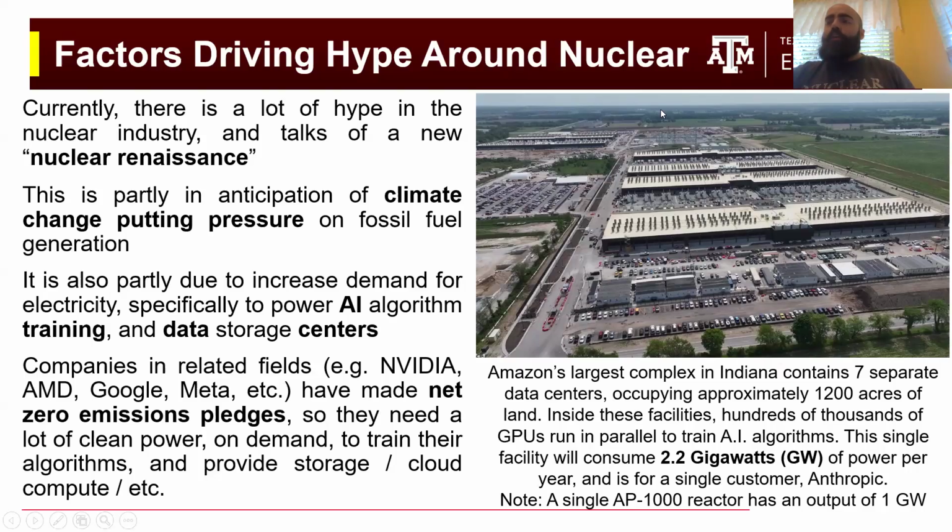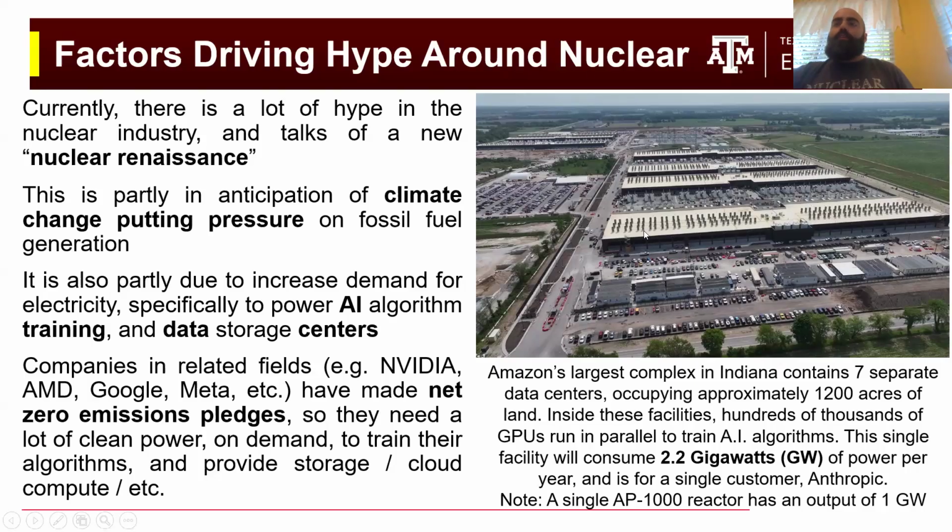So this is one data center from one company that uses 2.2 gigawatts of power per year. When we say gigawatts, that's 1,000 megawatts. A single AP1000 reactor is 1,000 megawatts, so it has a power output of 1 gigawatt. So this one Amazon facility is using the equivalent of more than two AP1000s worth of power.